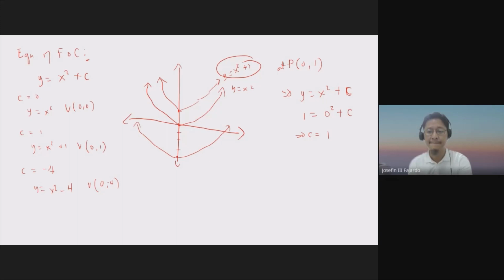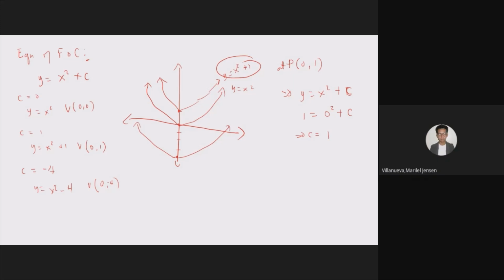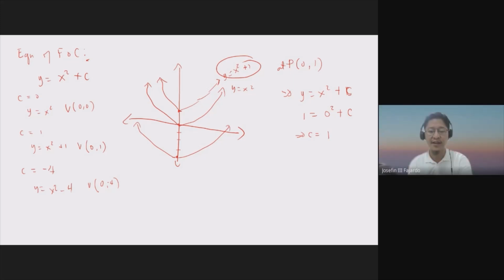Is that clear? Another one: what if, for example, the curve passes through the point negative 2, 3? We substitute into our equation y equals x squared plus c.